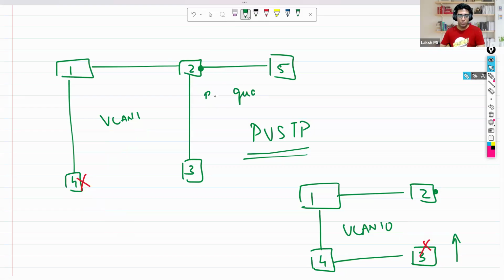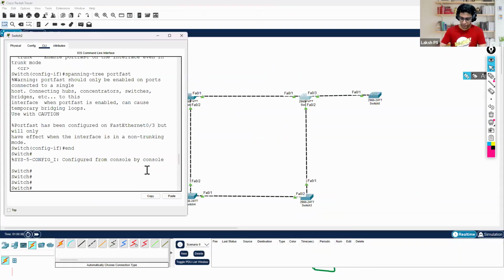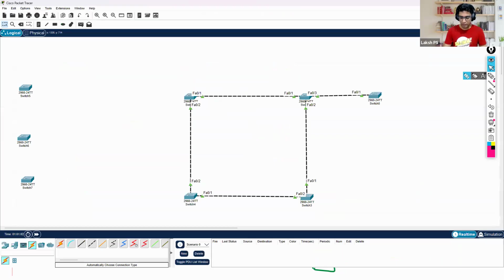I will enable root guard on switch number 2's FastEthernet 0/3. Enable, configuration terminal. And let me delete this particular link again.